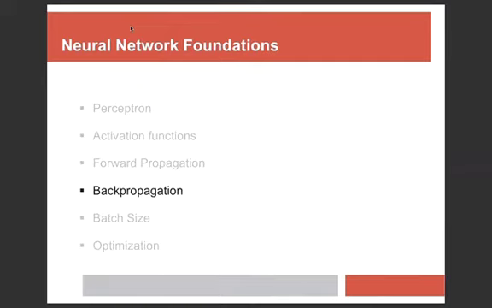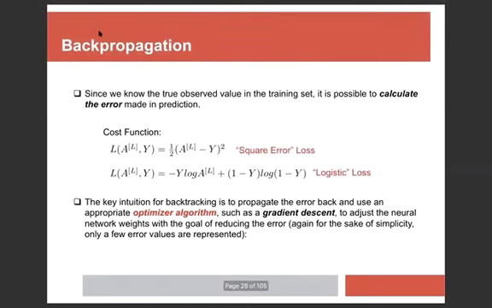After the forward propagation, we can have the estimated output. Since we know the true observation values in the training data, we can calculate the error between the prediction and the ground truth. There are several ways to define the error, or you can say to define the loss.